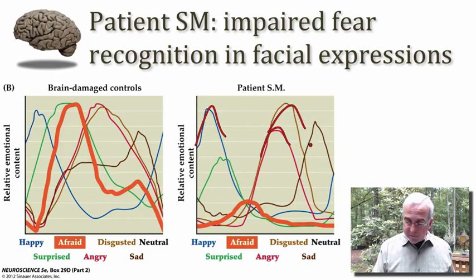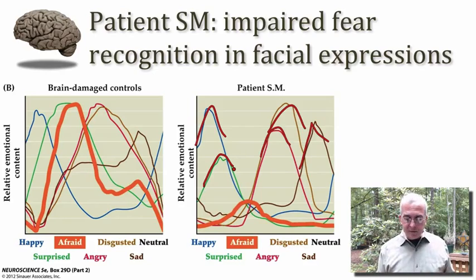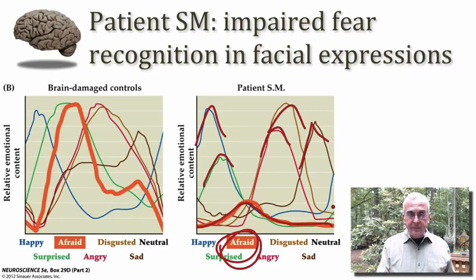Her ratings of sadness were likewise pretty high and relatively normal. For some reason, her surprise was somewhat down. But clearly, the one emotion that she really struggled to rate and recognize in the human face was fear. So in this bold orange line, that's her rating of fear in the same inventory of human faces.